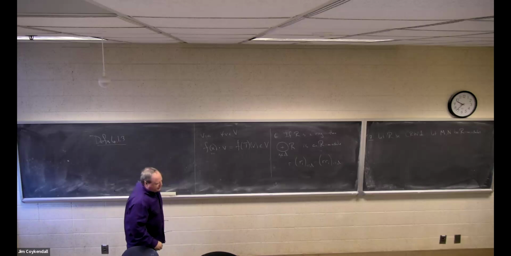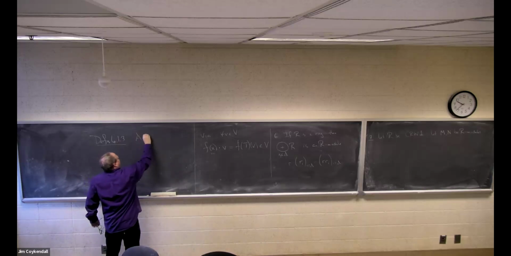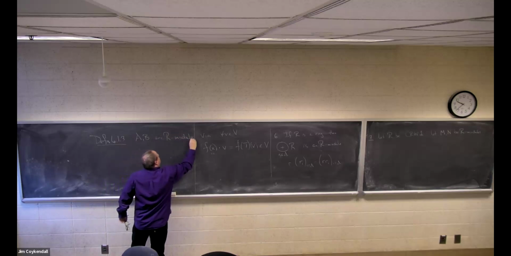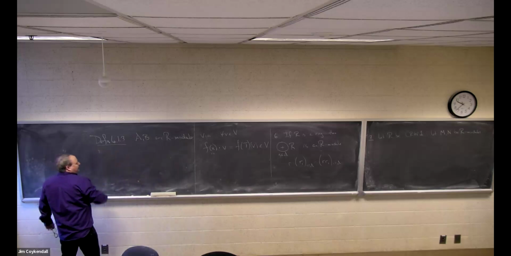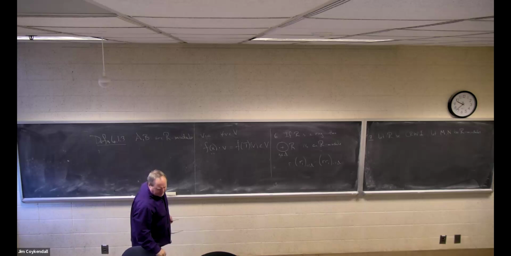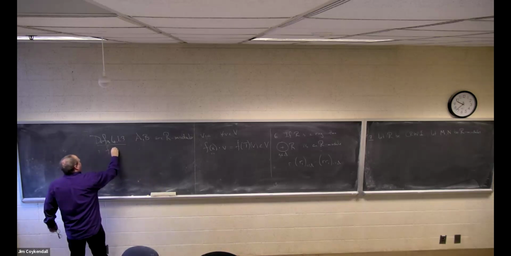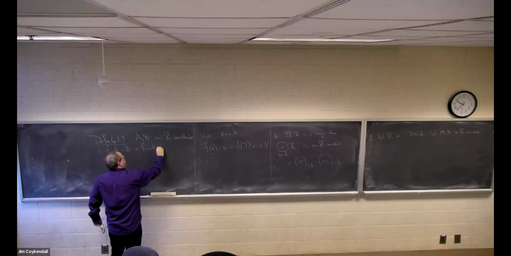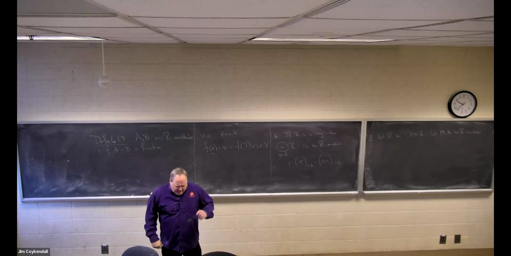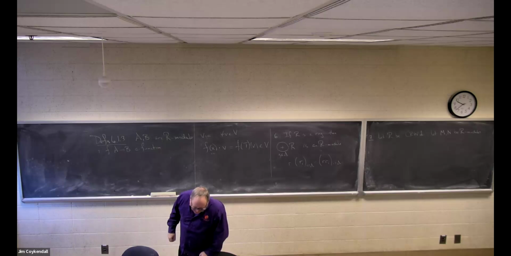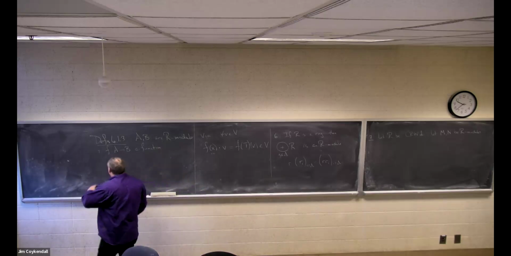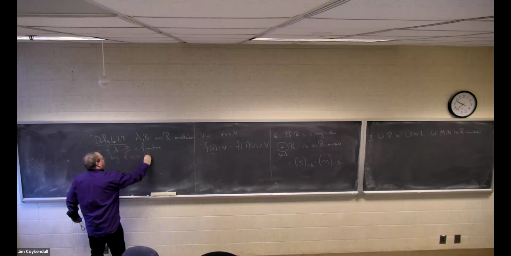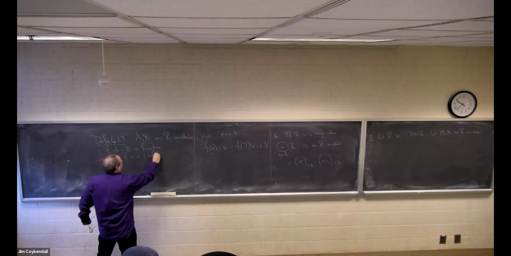Let A and B be R modules, and f a map from A to B. We say that f is a left R module homomorphism.